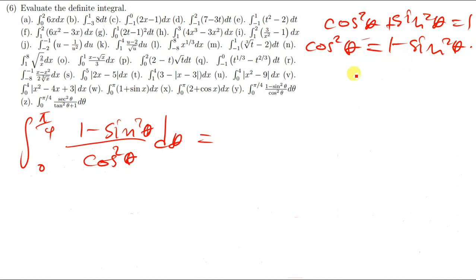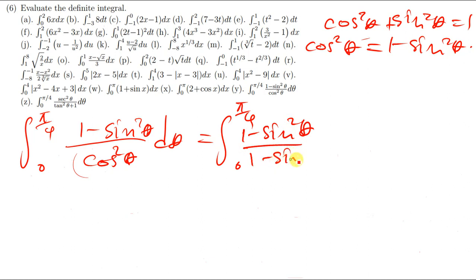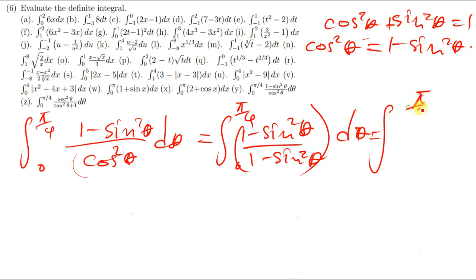So when you replace it there, you're going to have the integral from 0 to pi over 4 of 1 minus sine squared theta over 1 minus sine squared theta. You see the one that I was talking about. So this part gives us a 1. So that's just the same as integrating d theta over the interval pi over 4 and 0.